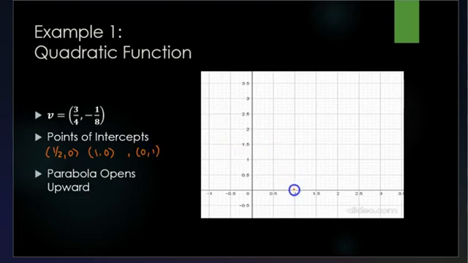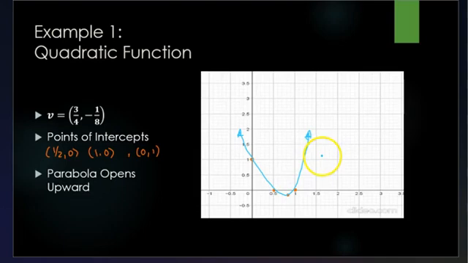Here we have 0.75 and -1/8, then we have 1/2 and 0, and then we have 0, 1. Since we know that it's a parabola opening upwards, we just connect the points. Then we have a better sketch of our graph.